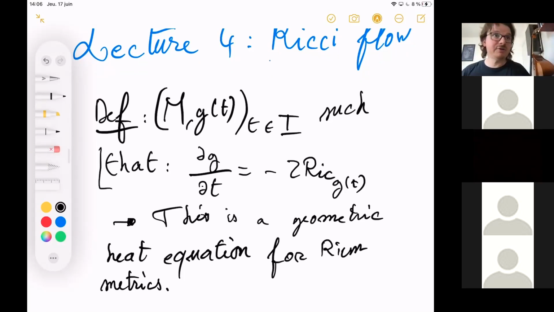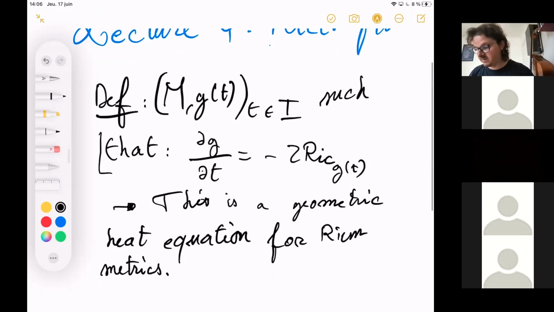Just as the mean curvature flow, which Felix introduced and gave lectures about, is a geometric heat equation for submanifolds in an ambient manifold.